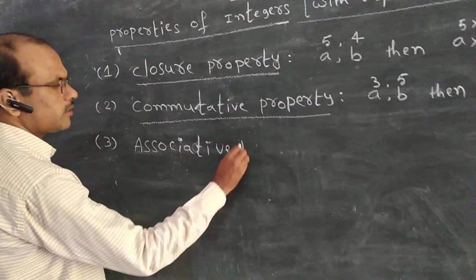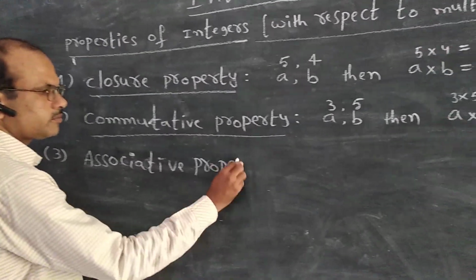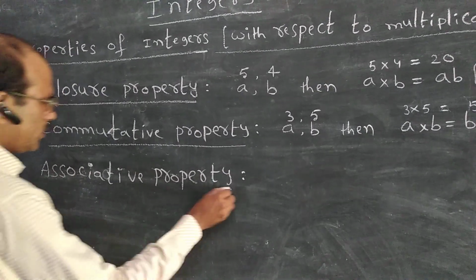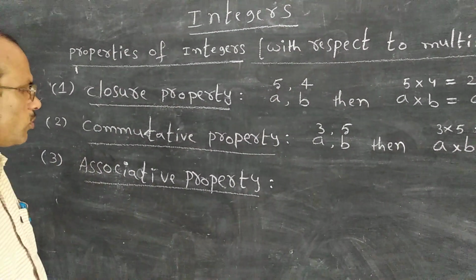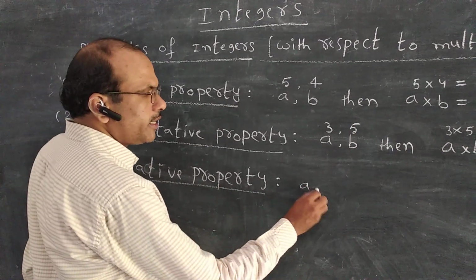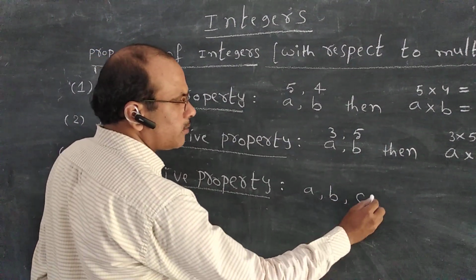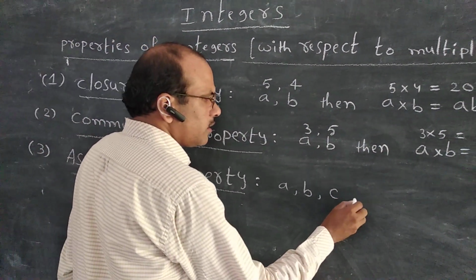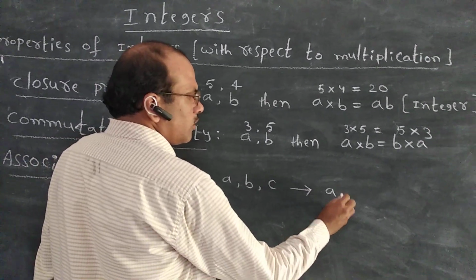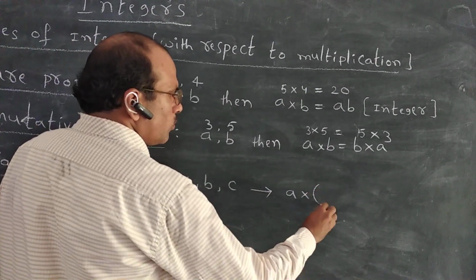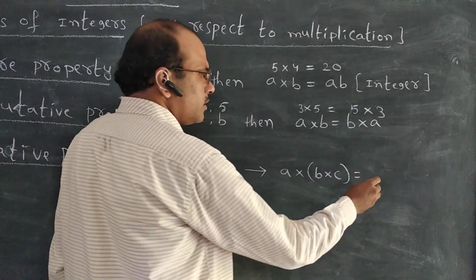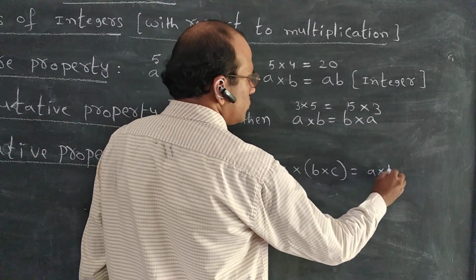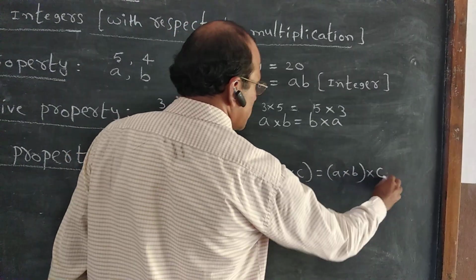Associative property. According to the property written here, for any three integers a, b, c, when you multiply, a into b into c is equal to a into b into c.